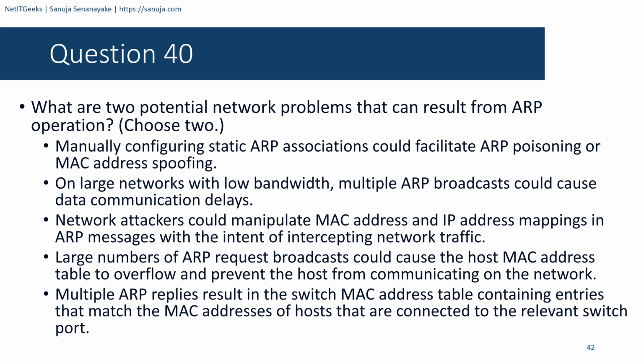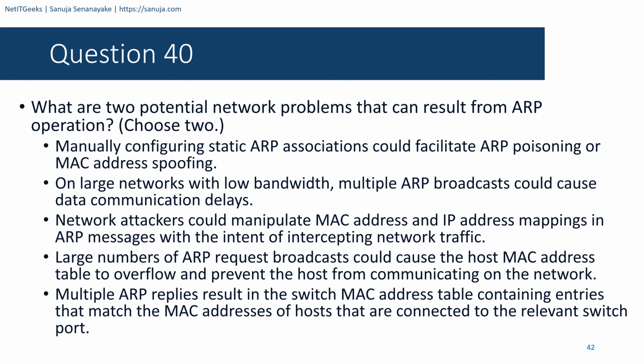So the answers include: manually configuring static ARP associations could facilitate ARP poisoning or MAC address spoofing. On large networks with low bandwidth, multiple ARP broadcasts could cause data communication delays. Network attackers could manipulate MAC address and IP address mapping in ARP messages with the intent of intercepting network traffic.